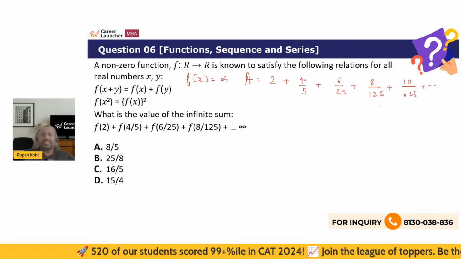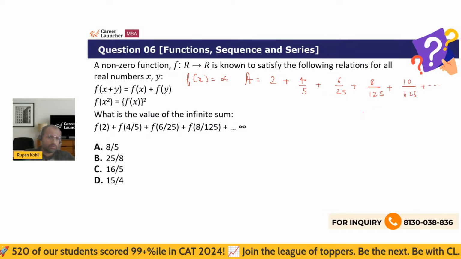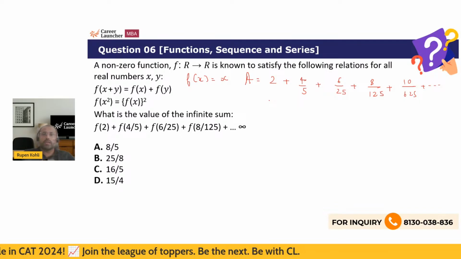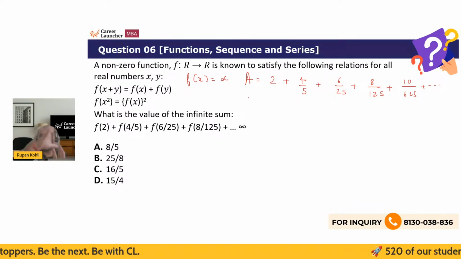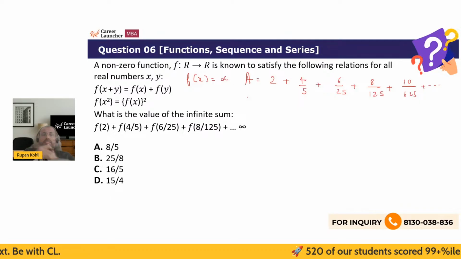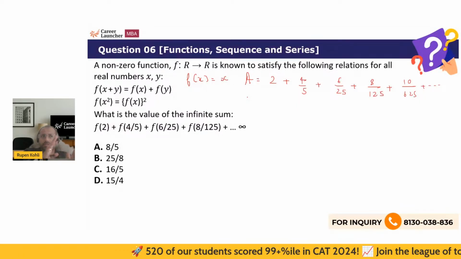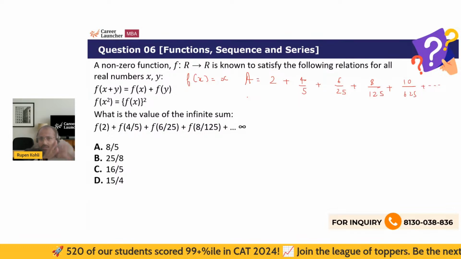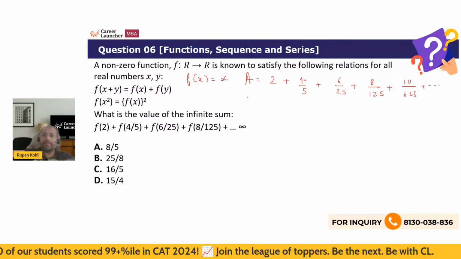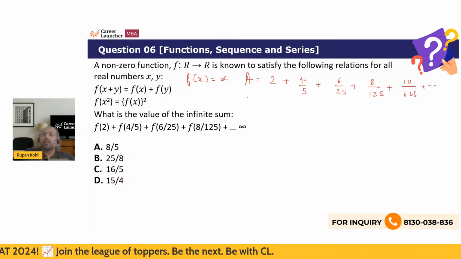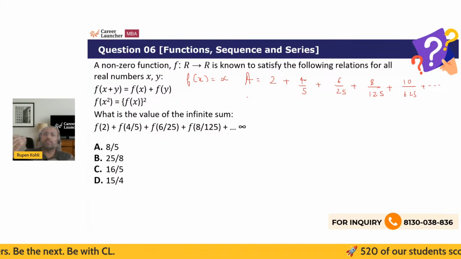So we have to find this infinite sum. All the options are also there in fraction form. We have done this kind of question many times. I have told you, whenever you have a series in which you see an element of geometric progression, while at the same time the coefficients have a different pattern altogether, multiply on both the sides with the common ratio and subtract, and you'll get simplification.